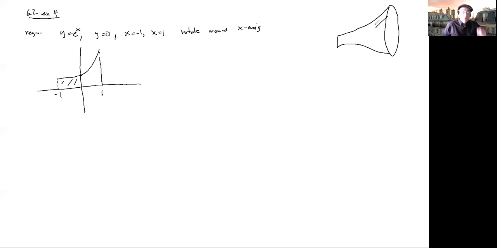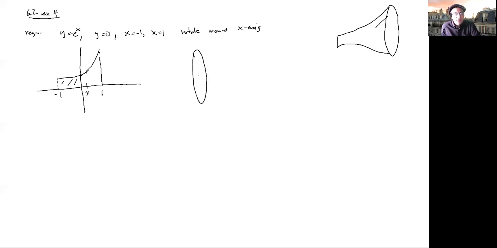Okay, so the important thing is to figure out what cross sections look like. If this is x, when we rotate it around, you're going to get a circle generated by this. What is the area of the circle at x?